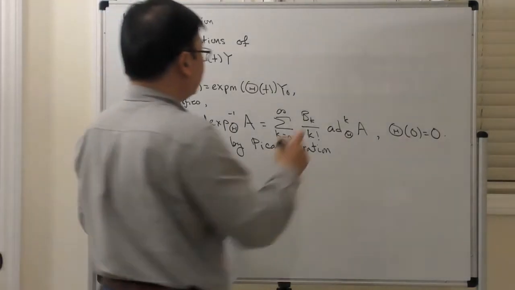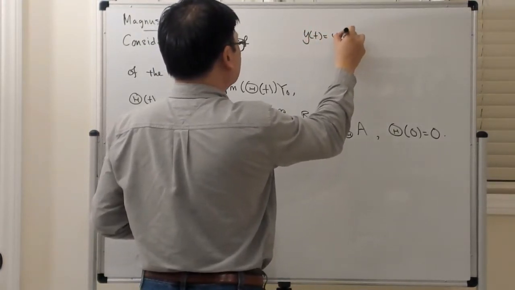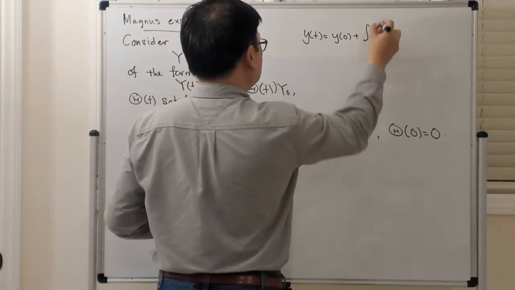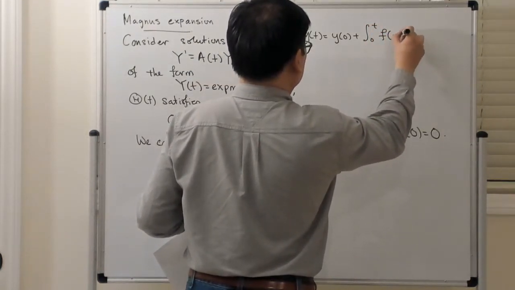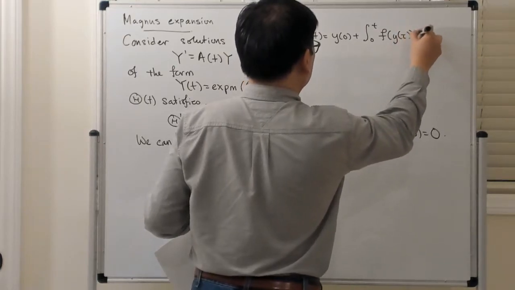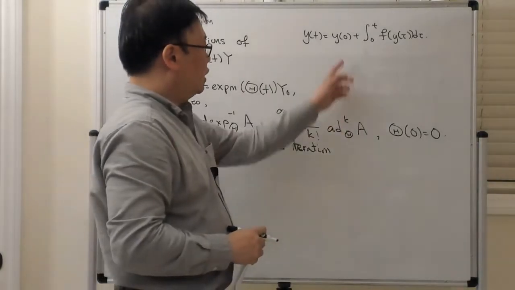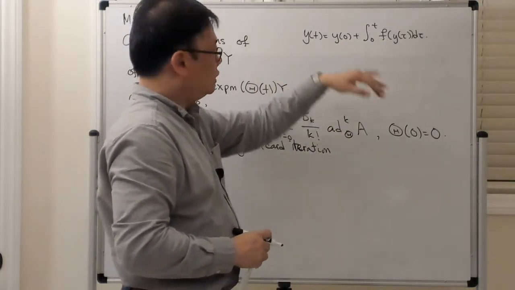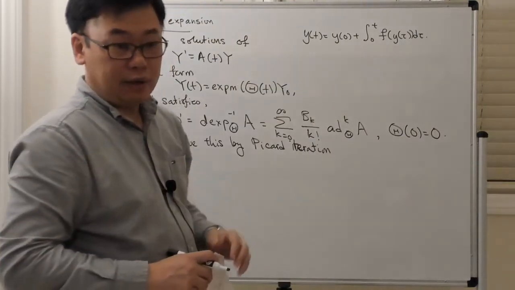So you know by the fundamental theorem of calculus that y of t is equal to y of 0 plus the integral from 0 to t of f at y(tau) d tau. And the basic idea then is that you start the iteration by letting the initial guess be just y at time 0, just a constant solution.